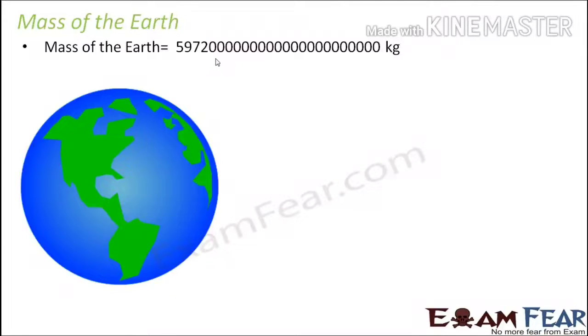Let's see. Instead of writing this, we count 1, 2, 3, 4, 5, 6, 7, 8, 9, 10, 11, 12, 13, 14, 15, 16, 17, 18, 19, 20, 21. So you basically have some 21 zeros after 5, 9, 7, 2. So instead of writing this, we write it in its standard form.